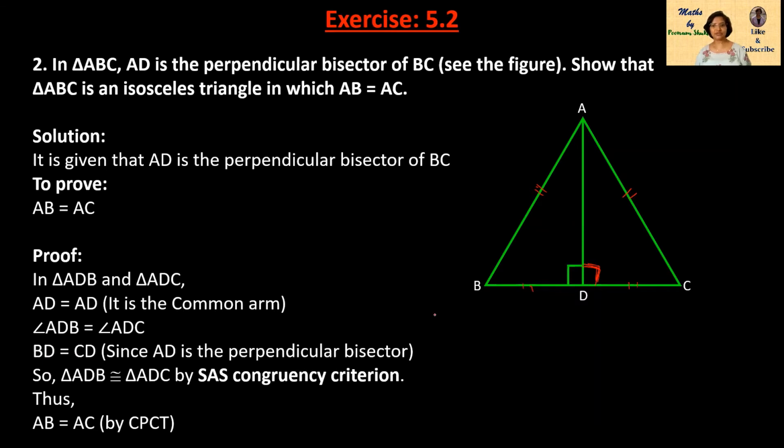BD equals CD because AD is the bisector of BC. So triangle ADB is congruent to triangle ADC by the SAS criterion or SAS rule, right? When these two are congruent triangles, thus we can say AB equals AC by CPCT.